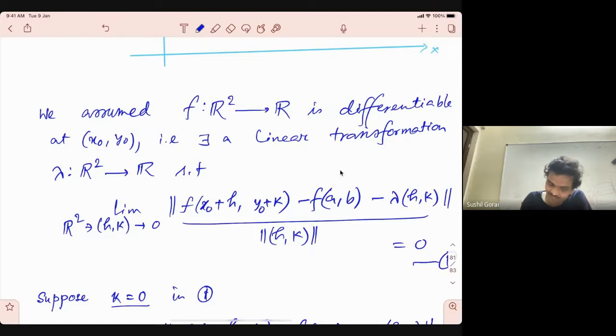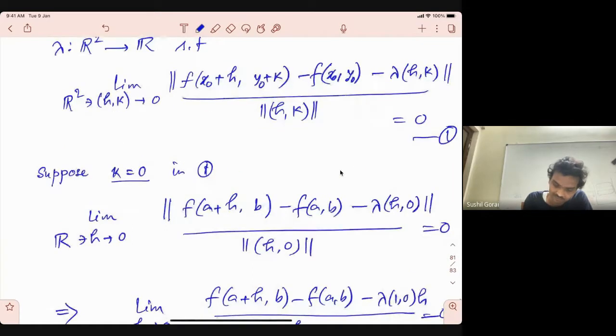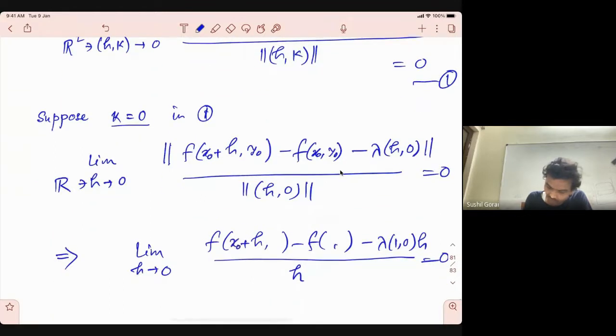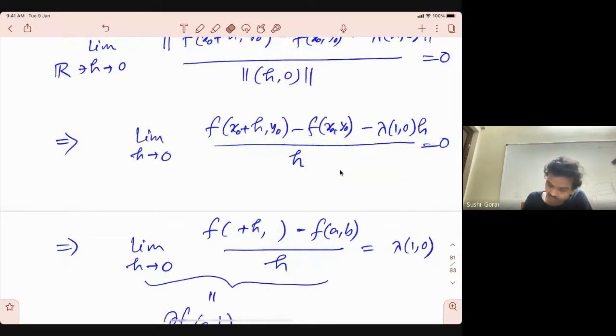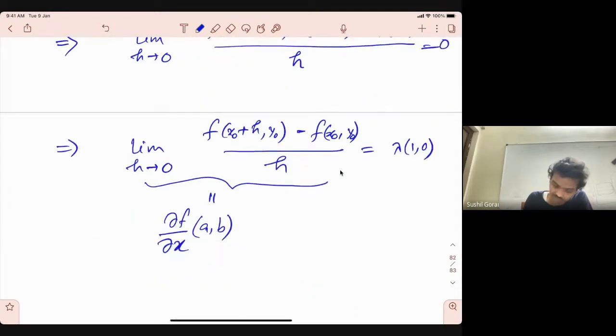So this is at x naught, y naught. This is the relation you get between the linear transformation lambda and the partial derivatives.